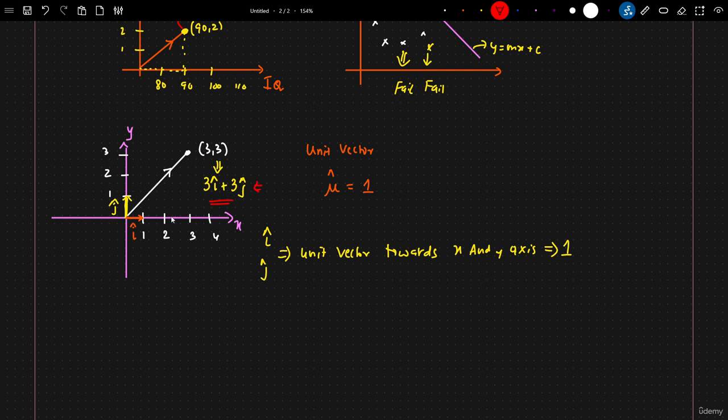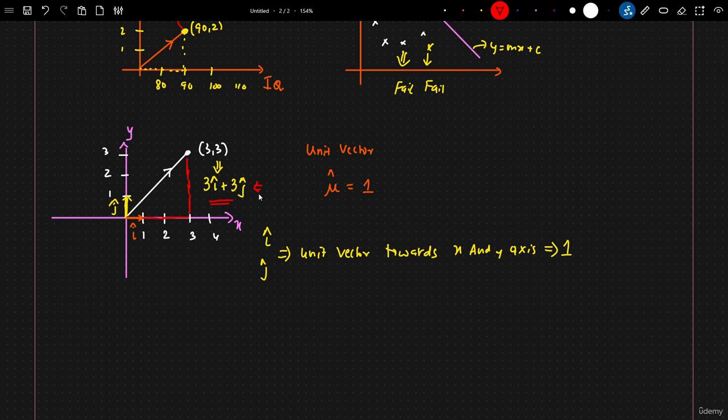Because we are moving 3 vectors towards the right, and then adding another 3 vectors towards the y-axis, which is represented by j. See, we are moving 1 position, 2 position, 3 position towards the right, then 3 positions towards the y-axis. So that is the reason it is represented in this way.